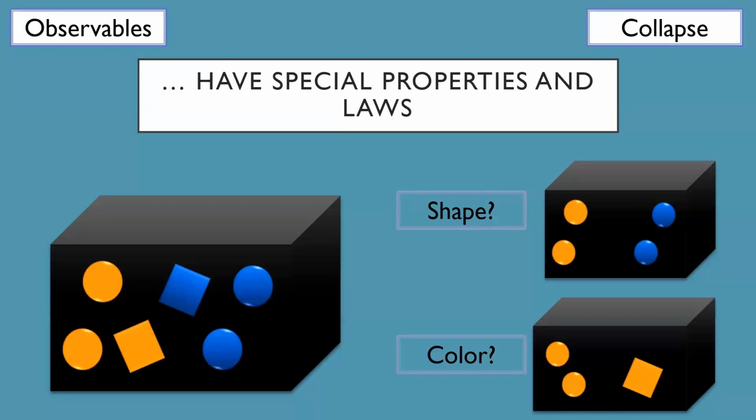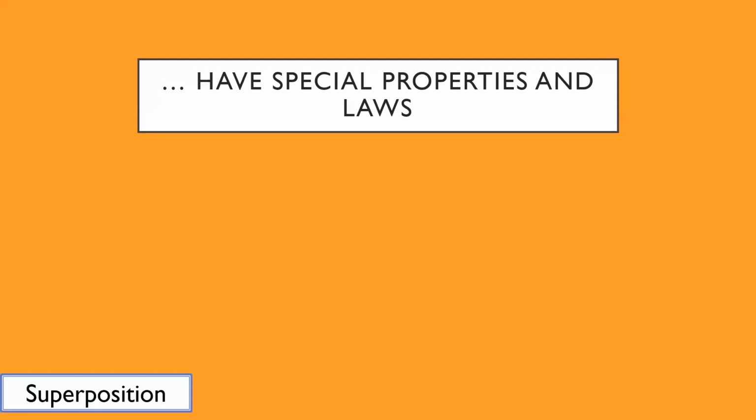So you see that according to the question, according to your observable, you can influence the object. Why? Because of collapse. This, in fact, is due to having more than one property, more than one answer to the question that we have. So this is what we call superposition.